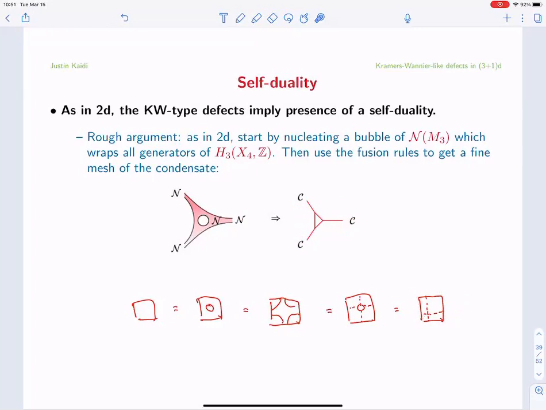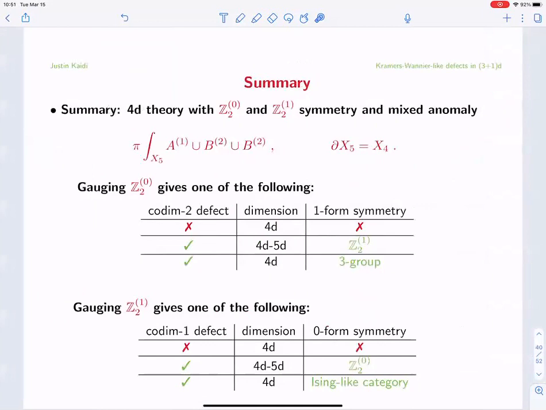Okay? So let me summarize what I've said so far before giving some examples. So here's the summary. I started with a 4D theory with a Z2 zero-form symmetry and a Z2 1-form symmetry with this mixed anomaly. I then first gauged the Z2 zero-form symmetry, and I saw that there were 3 interpretations for how you can think of the results regarding this 1-form symmetry.